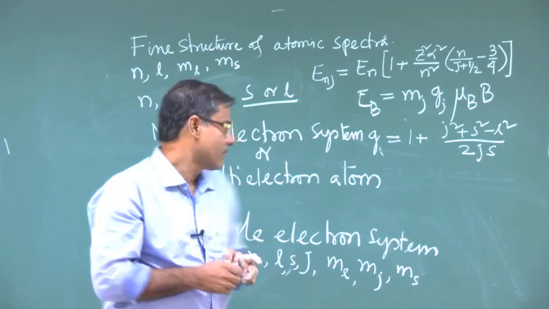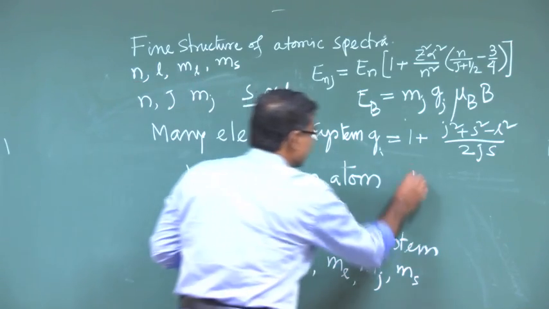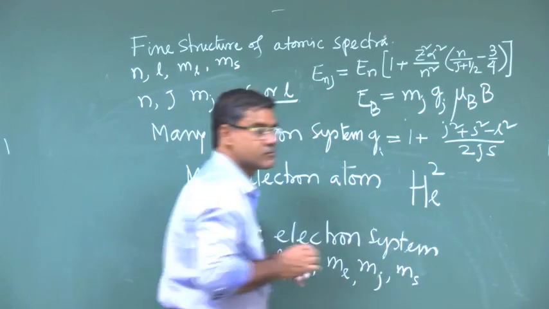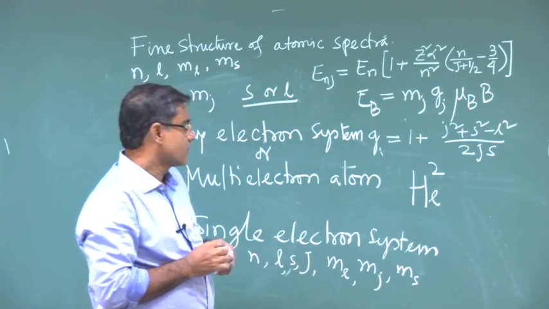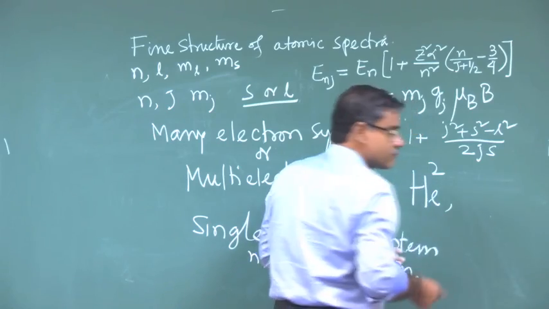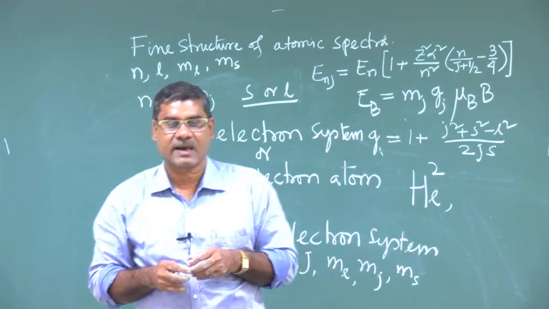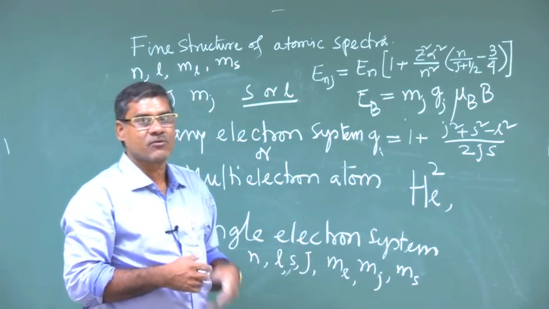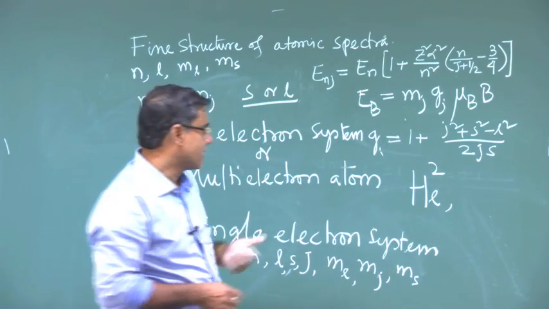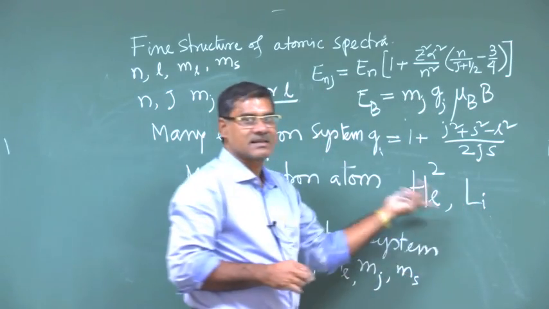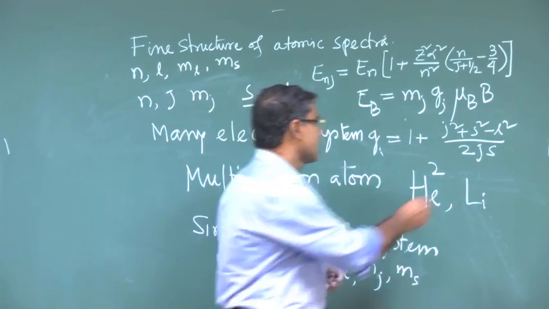So, now if we take the helium atom, it basically has 2 electrons, right, and then lithium is basically an alkali atom. So, in the case of the lithium alkali atom, that is equivalent to 1 electron that we have seen earlier. So, it is multi-electron, but it behaves like a single electron, why that we have explained.